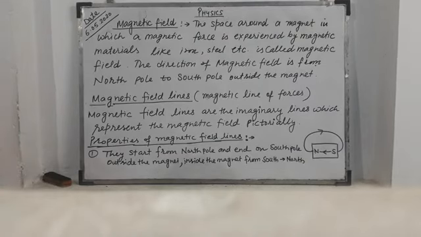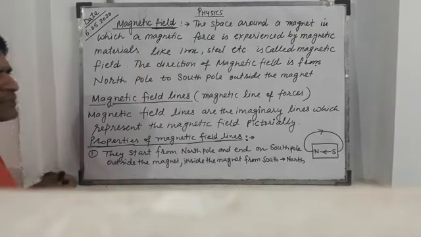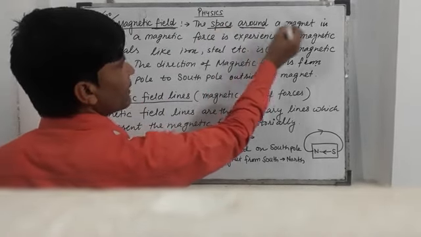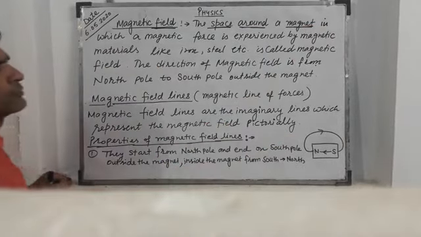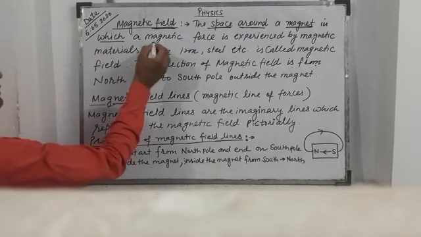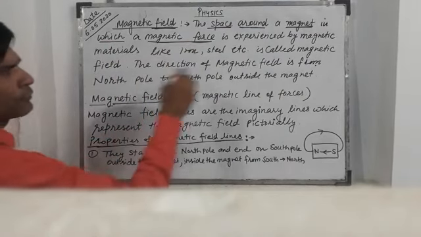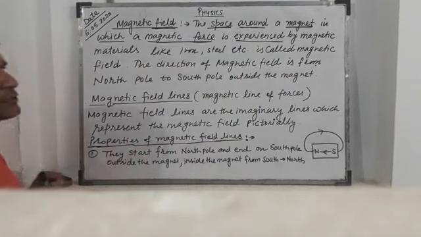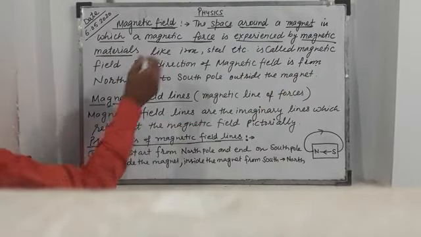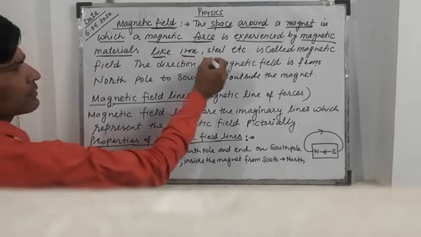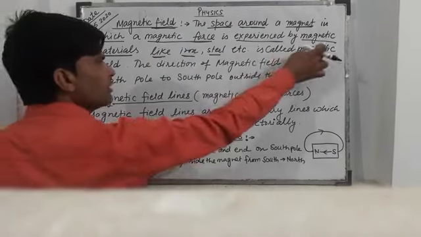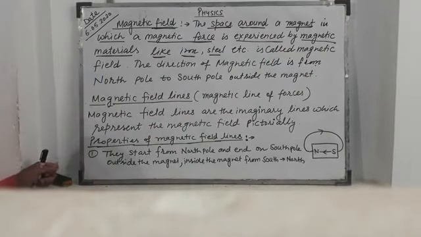Now the magnetic field. What is a magnetic field? It is the space around a magnet in which a magnetic force is experienced by magnetic materials like iron, steel, etc. This is called the magnetic field.